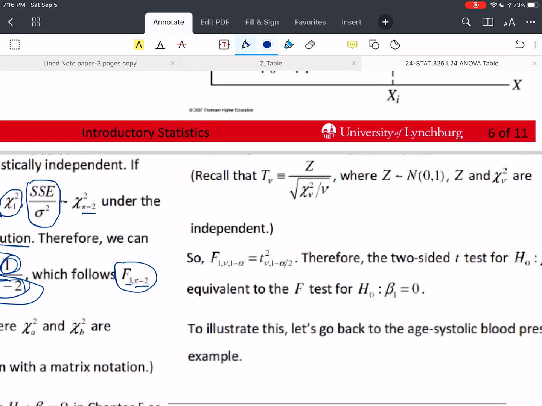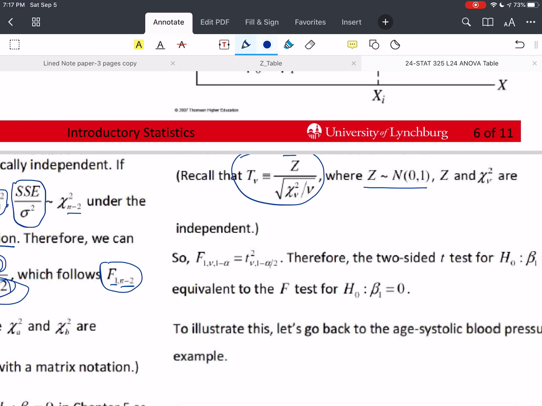We're certainly not going to prove that. And we have that from probability theory again, that a standard normal random variable divided by the square root of a chi-squared random variable divided by its degrees of freedom gives us a t. And this is only when our standard normal and our chi-squared random variables are independent. They have to be independent.